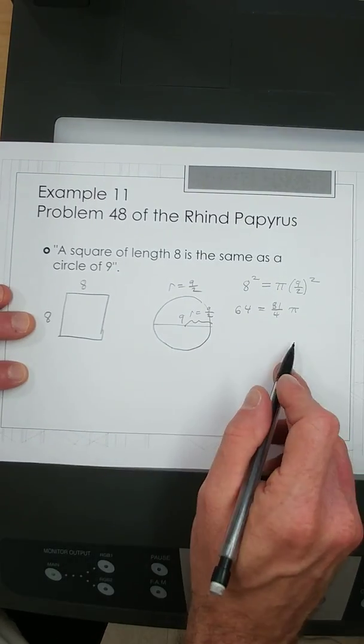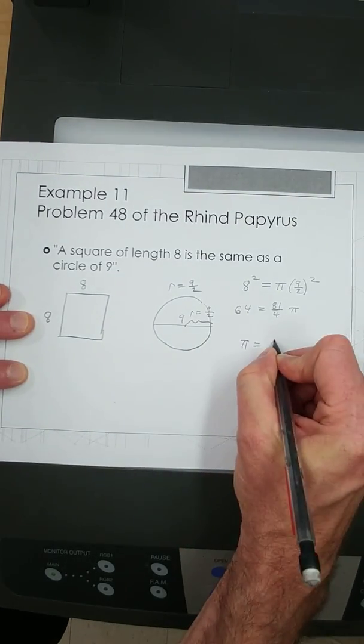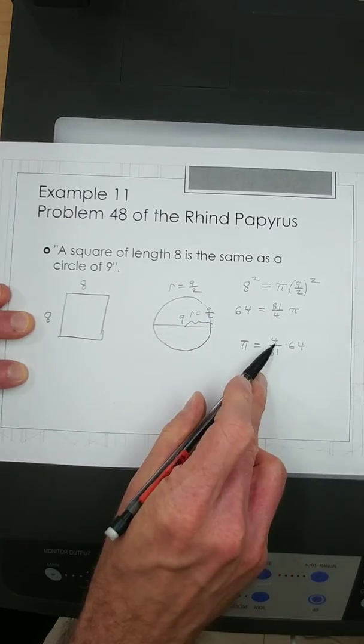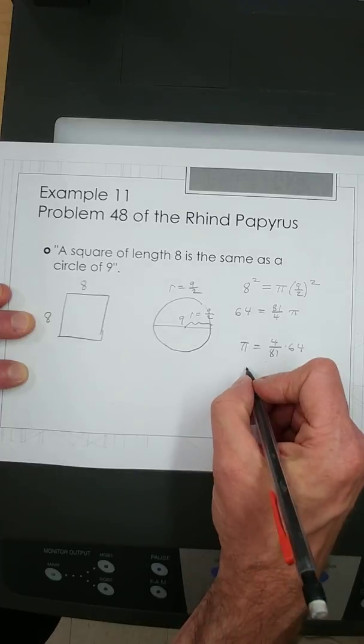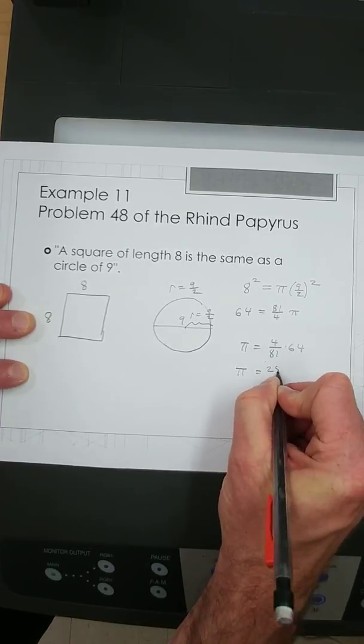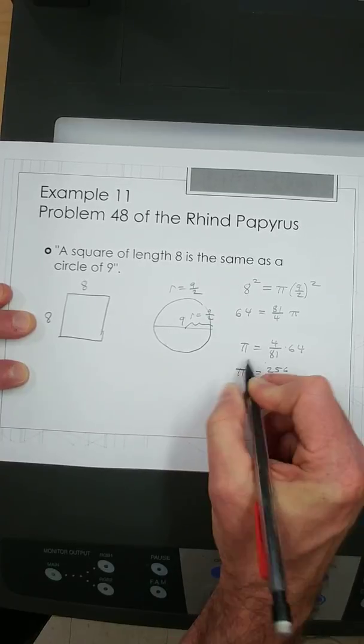So if we solve this for pi, pi would end up equaling 4 over 81 times 64, because I take the reciprocal and multiply by 64, which would give you 256 over 81.